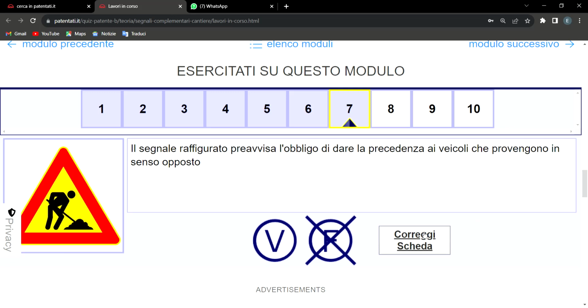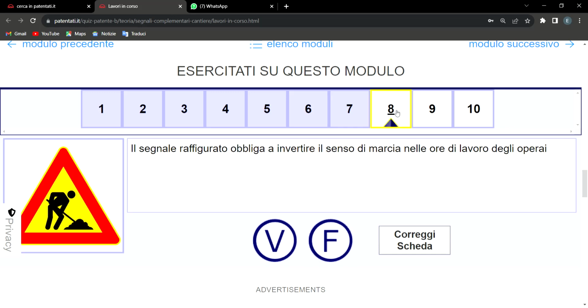It's only telling you to reduce your speed and stay very attentive, because there are people walking on that very road. There is road maintenance or road construction taking place. So that is the reason why number 7 is false.